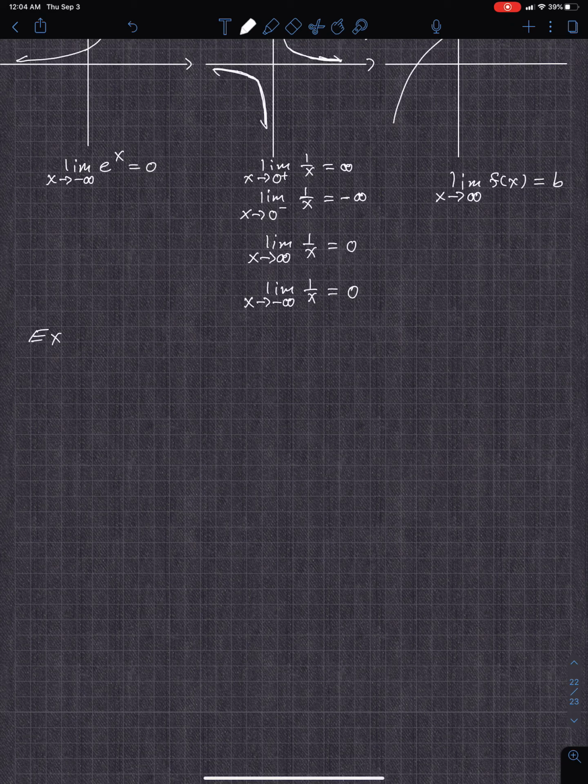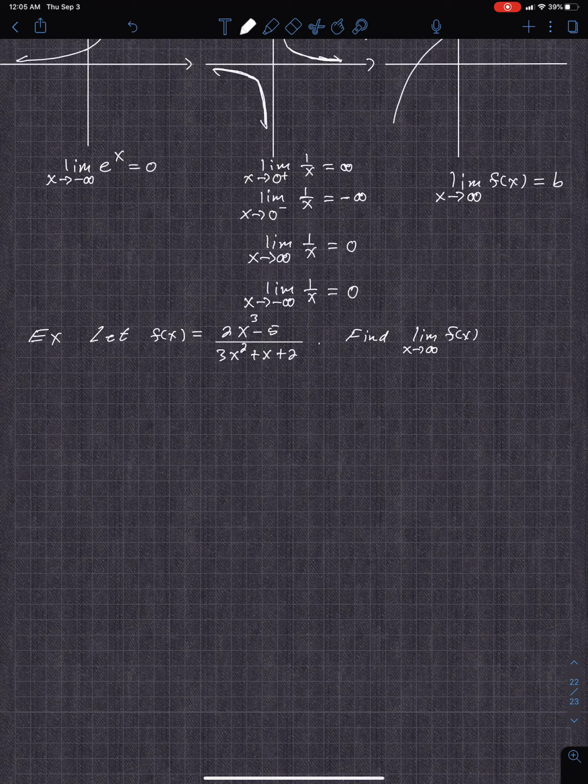Let f of x equal 2x cubed minus 5 over 3x squared plus x plus 2. Then find the limit of f of x as x approaches infinity.